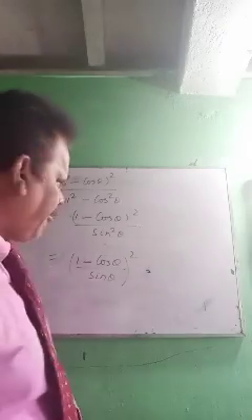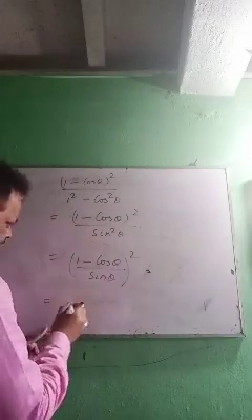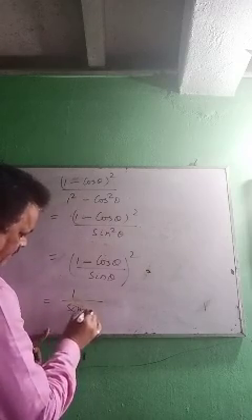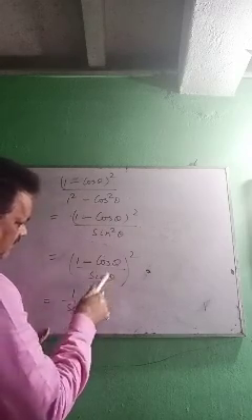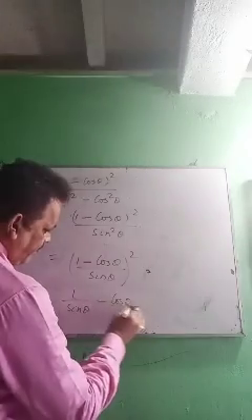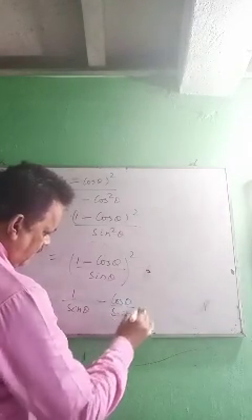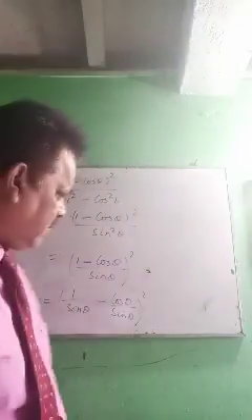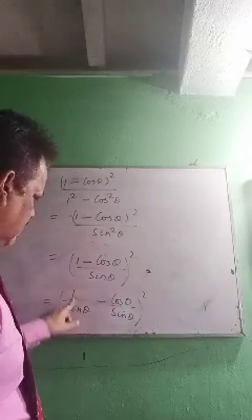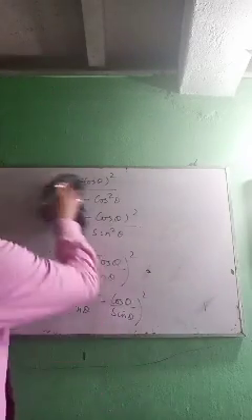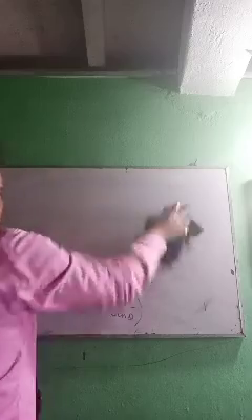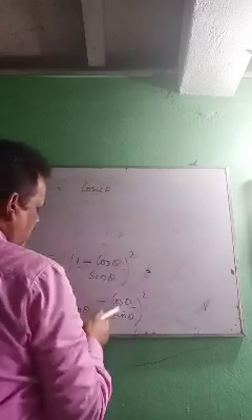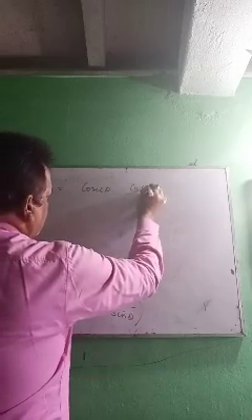Then that will be 1 by sin theta minus cos theta by sin theta whole square. Okay, then what is 1 by sin theta? Cosec theta. That will become cosec theta minus cot theta whole square.